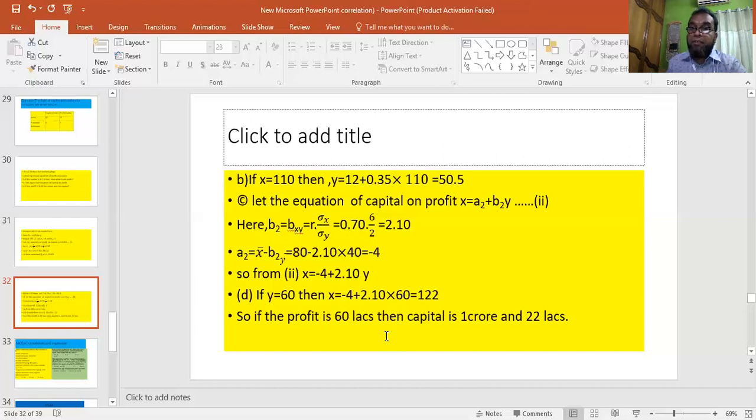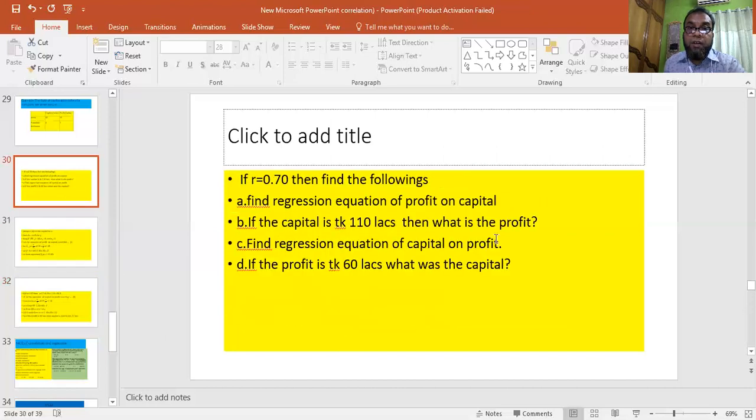In this math, in question A, I have got the regression equation of profit on capital. Here capital is independent and profit is dependent.